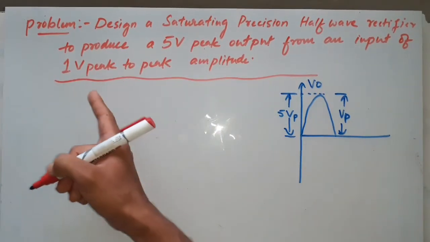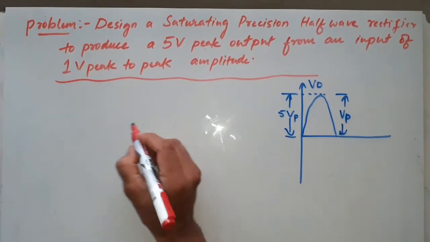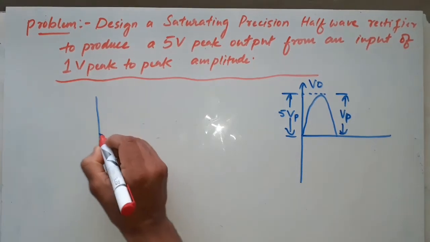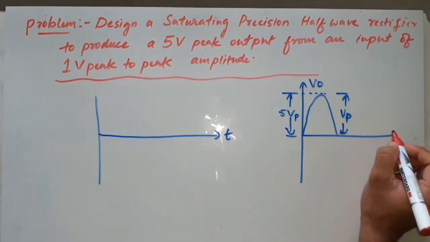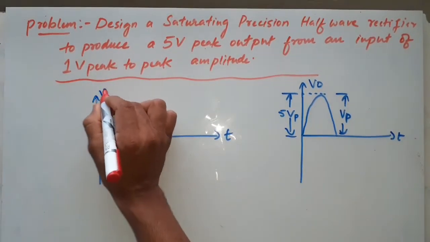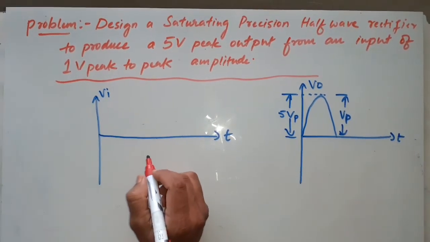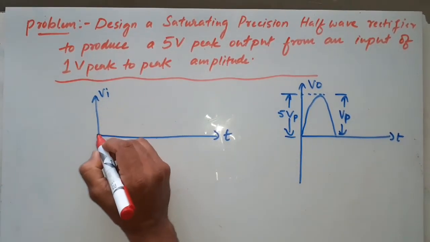From an input of 1 volt peak to peak. This is different. Your input is given here as 1 volt peak to peak.